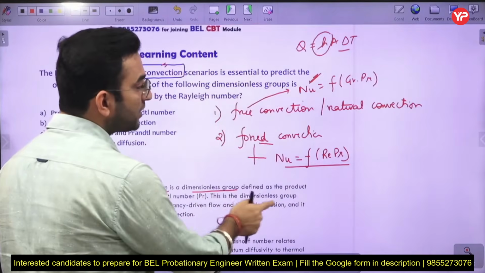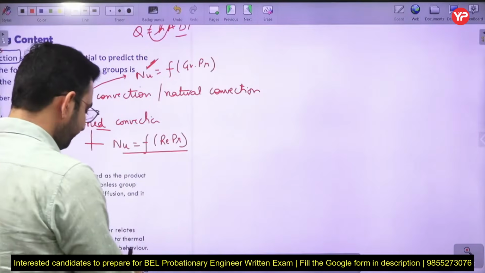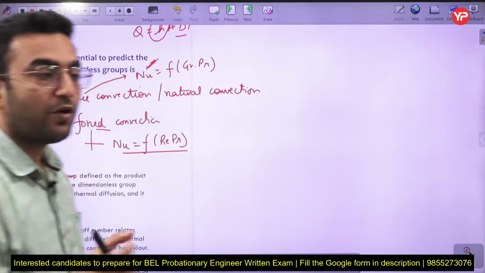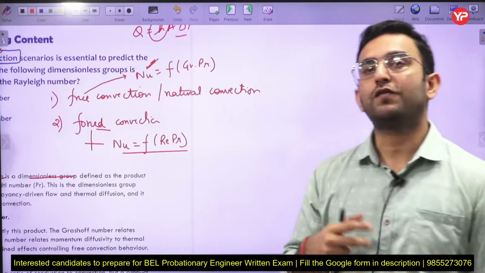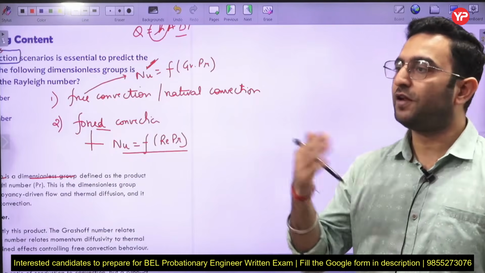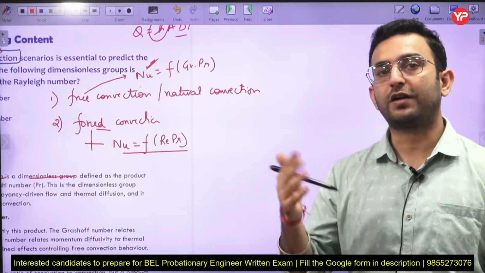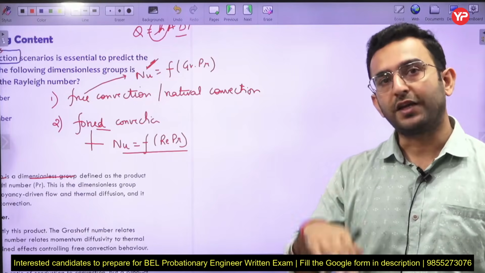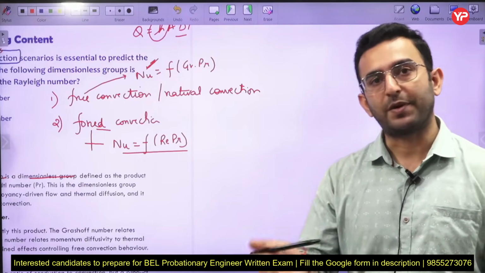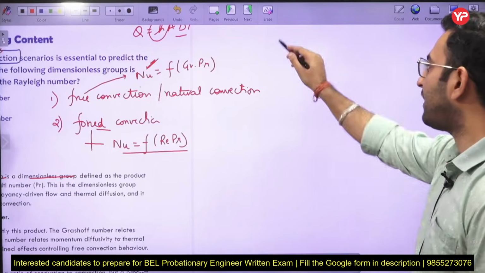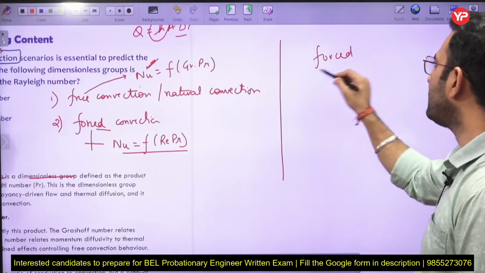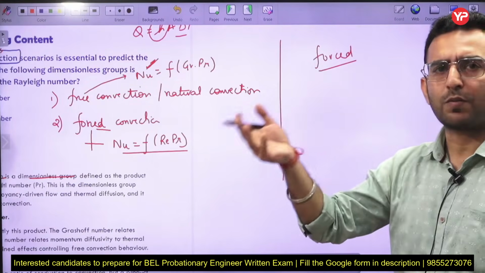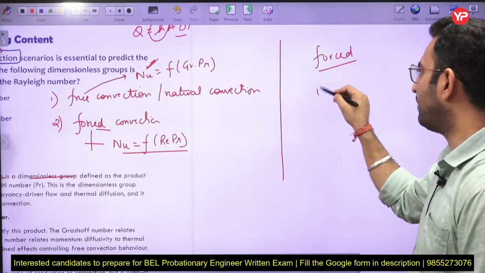Whenever you are doing the study of free convection, we have to check whether the flow is laminar or turbulent. Similarly, in forced convection, there also you have to check whether the flow is laminar or turbulent. In the case of forced convection, we don't have to worry so much, because there we can define laminar or turbulent depending upon the value of the Reynolds number.